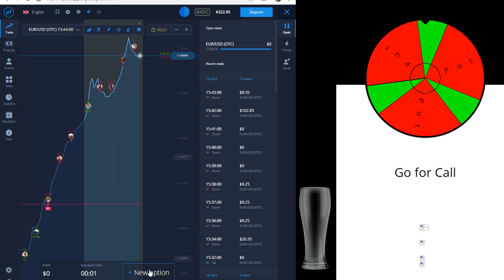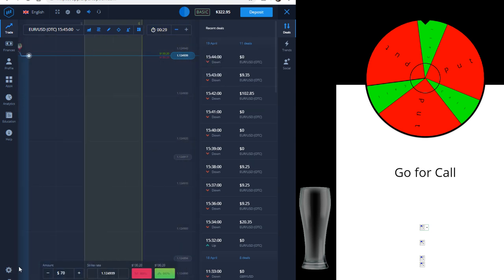Okay, we've lost that one. We're gonna double up the amount and make that 12. And hit downwards again.